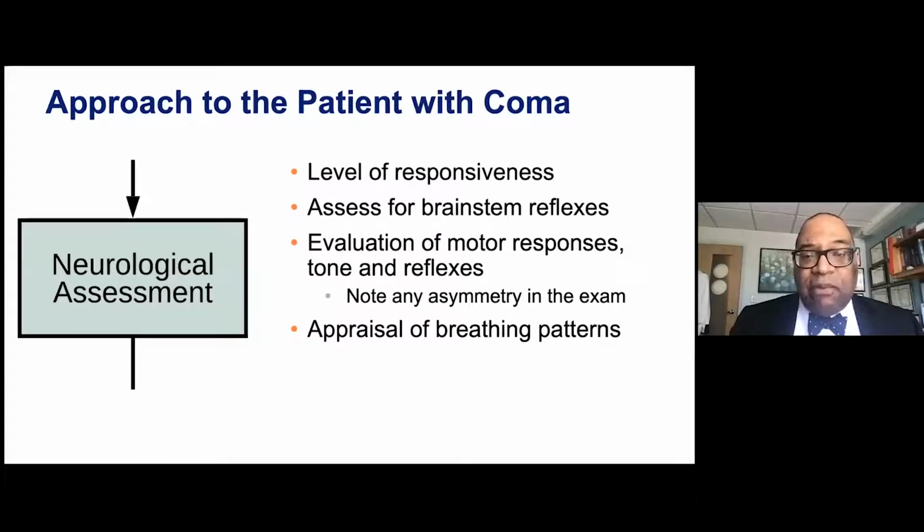So for the approach to the comatose patient, level of responsiveness. Back in the old days, people used to use the terms obtunded, lethargic. Well, we really don't say those things anymore because I think those words are used interchangeably. It's important to know what the patient is doing when you assess the patient and what stimulus it takes to get a response.